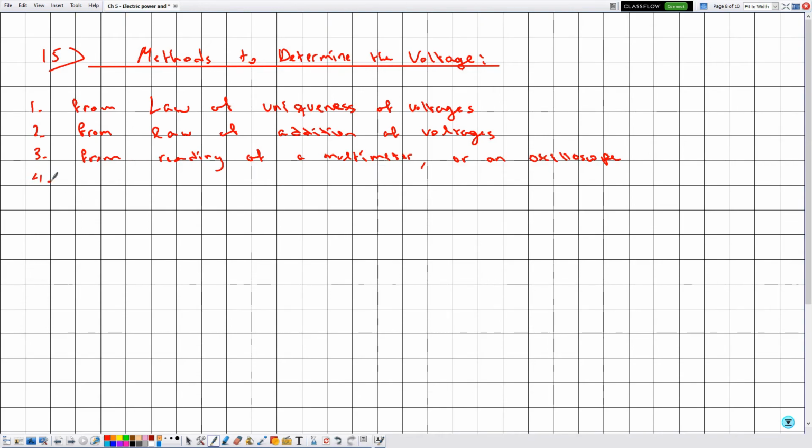Now the fourth method is identical electric components in series. The fifth one is from the indications. Or referring even to the graph.